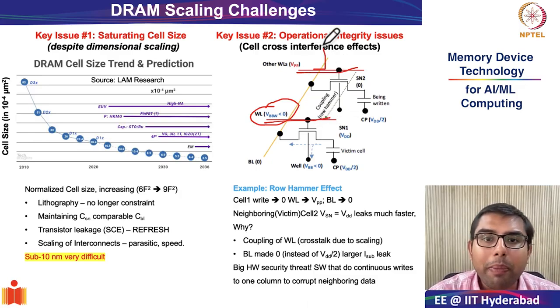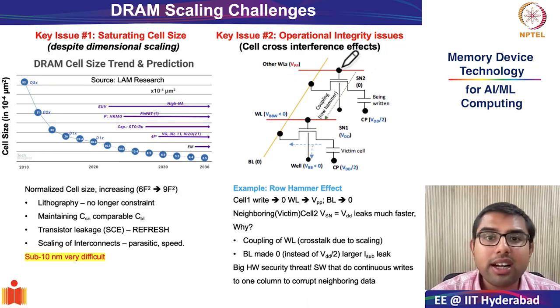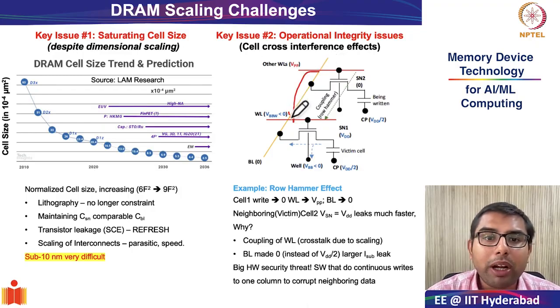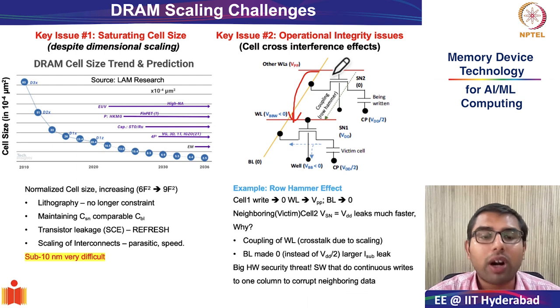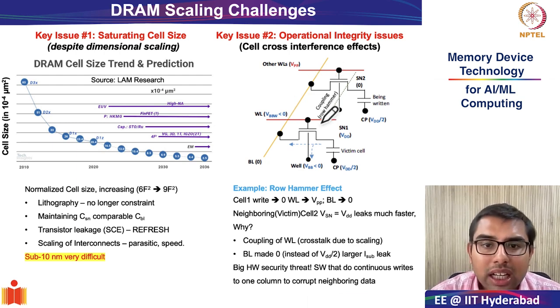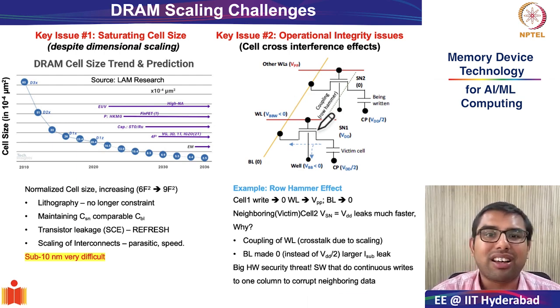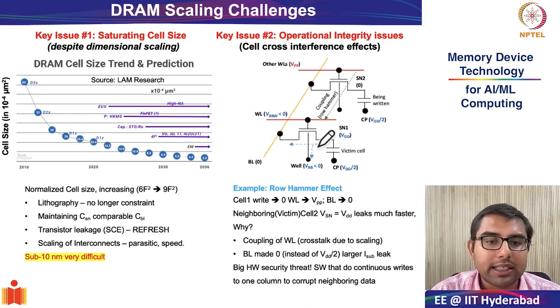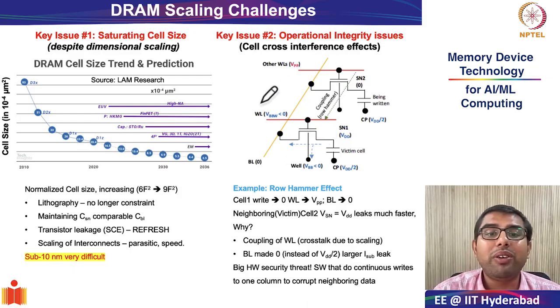But as you keep asserting the word line on the intended cell several times, there may be a finite coupling between the two word lines, and as a result, this transistor, which should normally be off, will be getting slightly on. Slightly on means the leakage will be faster. Not just cross coupling between the word lines.